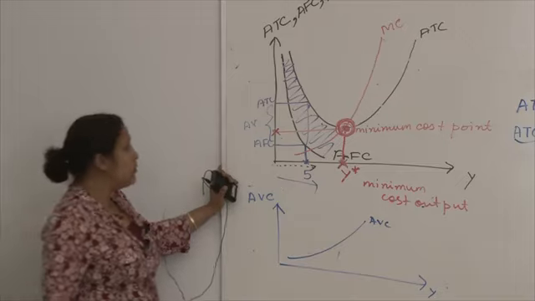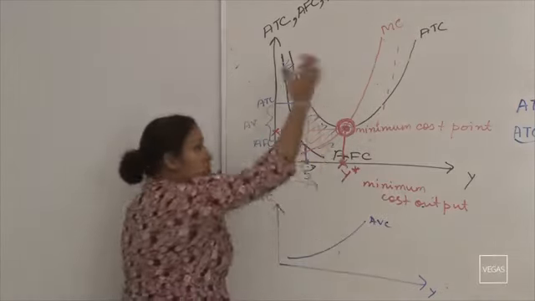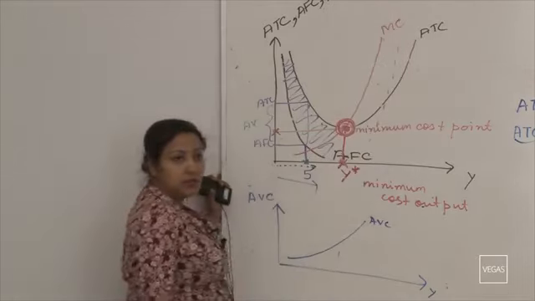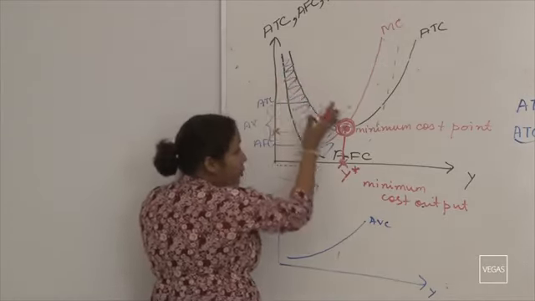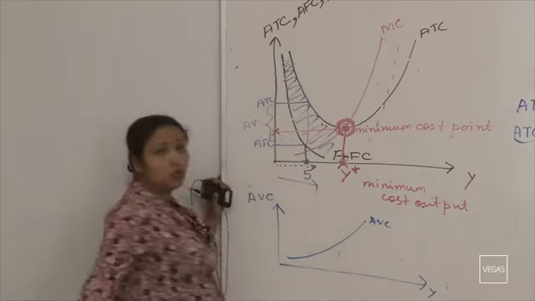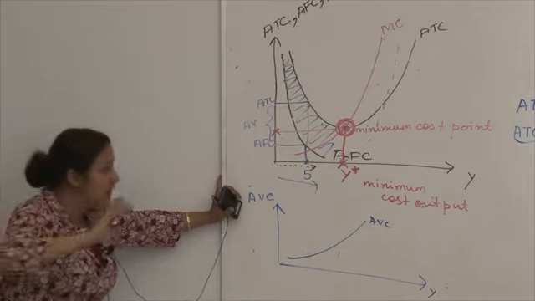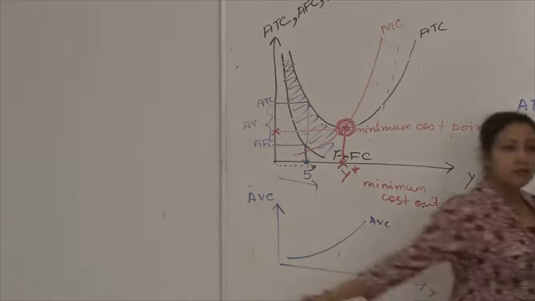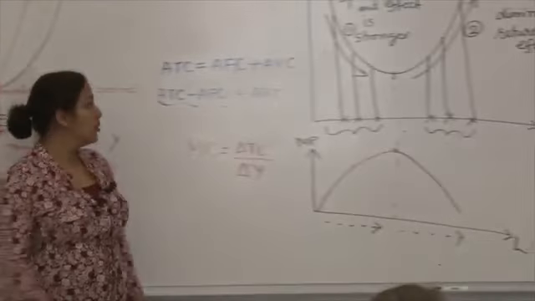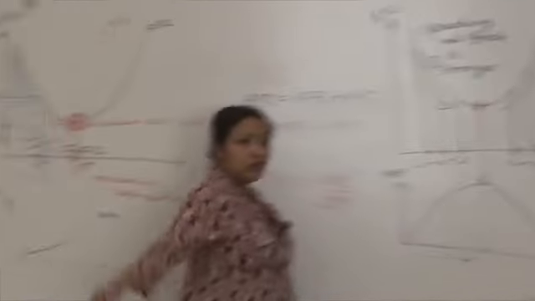That means a producer will never want an MC which looks like that, which is in that zone of the ATC. He will always want the MC to be on this side, and he would want to get to a point where the MC is passing through that minimum cost point. That means that his MP is at the peak, because MP is the one which corresponds with the minimum point of the ATC.